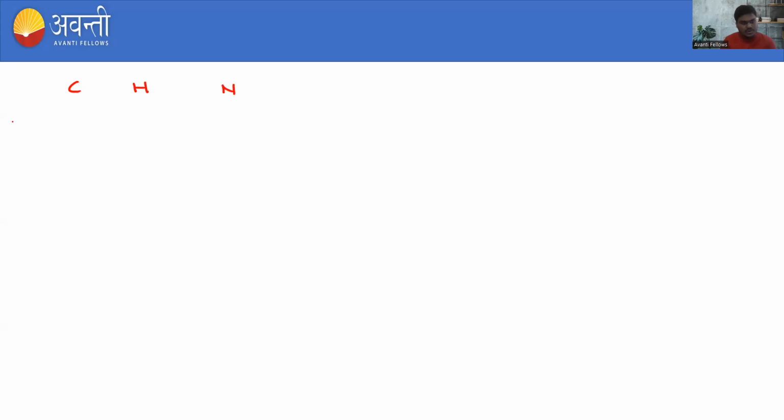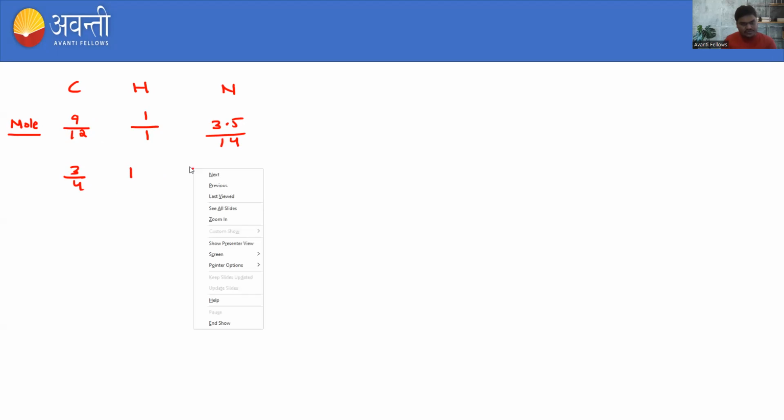Right. So let's find the mole ratio. So we know that mass is given 9 and molar mass is 12. Mass is given 1, molar mass is 1. Mass is given 3.5, molar mass is 14. So this ratio comes out to be 3 : 4 : 1 and this again 1 : 4.